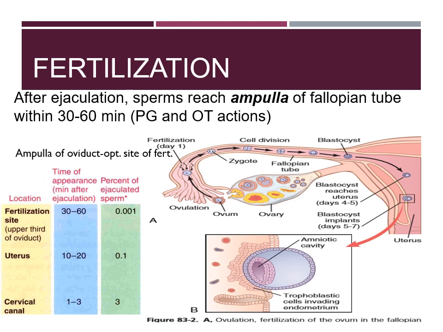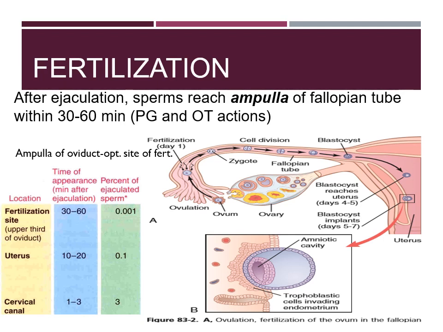If we look at the chart on the left, you will see that in the cervical canal, after 3 minutes of ejaculation, there will be 3% of sperms that survived this stage. And in the uterus, only about 0.1% of the ejaculated sperm will succeed in reaching the uterus.